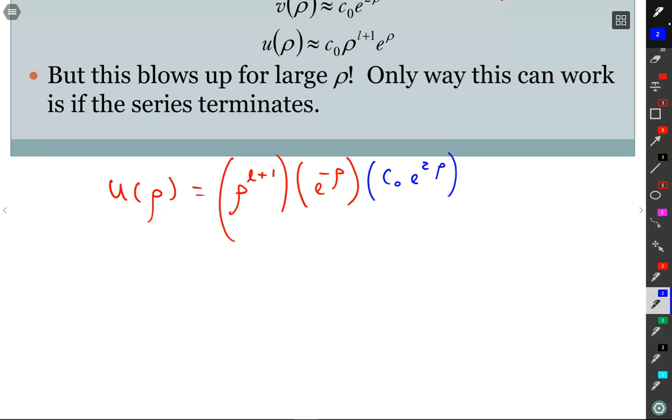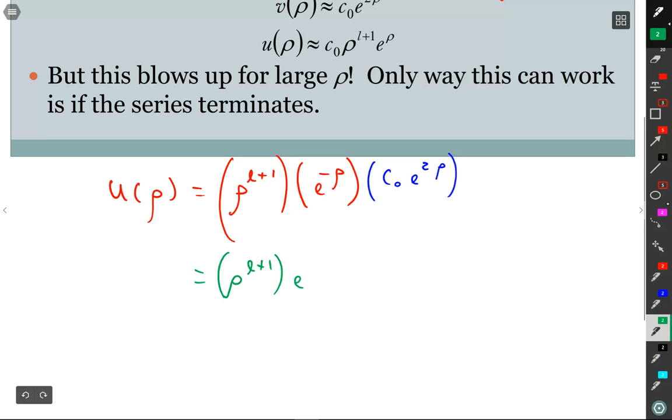But if you multiply that through, you now have something that's e to the rho. Now we have a problem because what happened to our large radius solution? Yeah, it got destroyed and now it's going to blow up for large radius. This cannot be the right solution because it blows up.